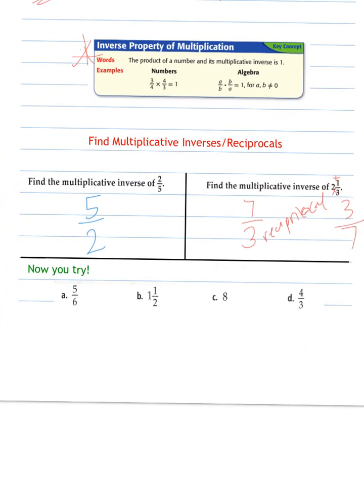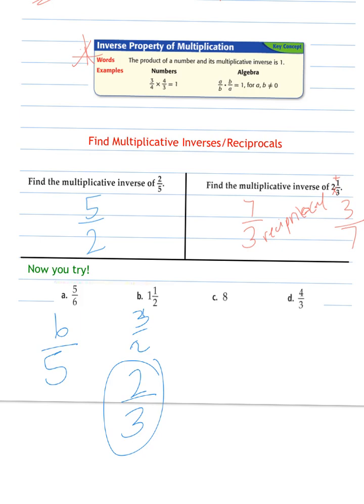Okay, some for you to try on your own and then come back and check your answers. 5/6, its multiplicative inverse would be 6/5. Okay, 1 1/2, let's turn that into an improper fraction. So then its multiplicative inverse would be 2/3.